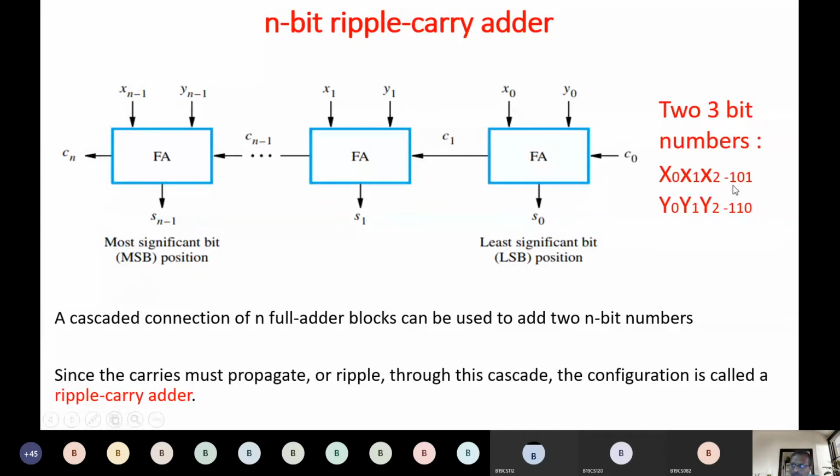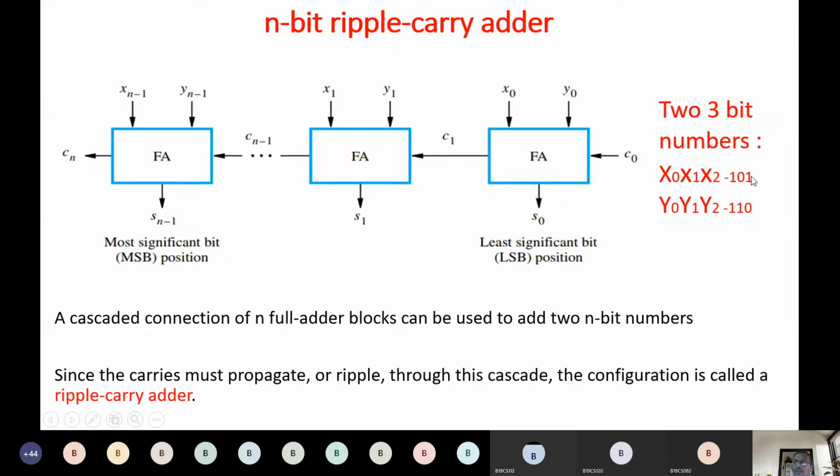Assume this 101, first one is X0, next one is X1, next is X2. Sorry, it needs to be reversed: X2, X1, and X0. So this becomes X0, this becomes X1, this becomes X2. And here also it's Y0, Y1, and Y2.